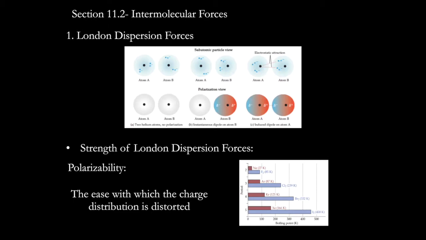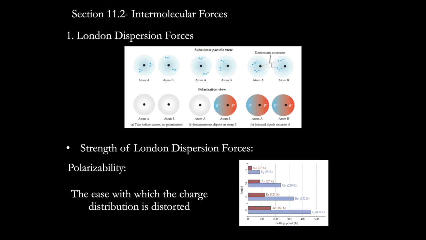So why do fluorine, chlorine, bromine, and iodine have such a stronger London dispersion force? Well, that's because they are more polarizable. If you notice, all of those molecules have a larger mass than the noble gases they're compared to.